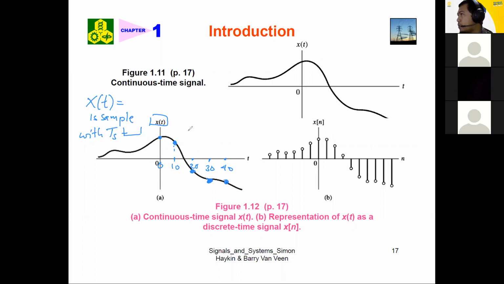For the blue one, we can write the discrete signal as x[n], right? And the relation between the continuous signal and the discrete signal becomes x(n times T sample). We put the sampling time in here, and that becomes a discrete signal.